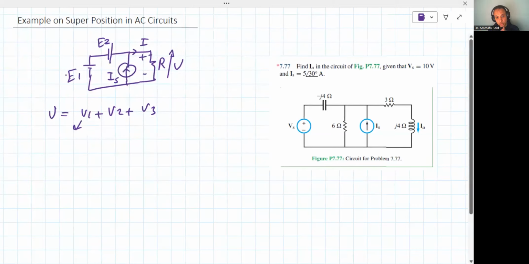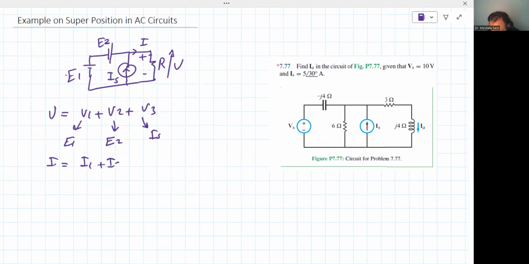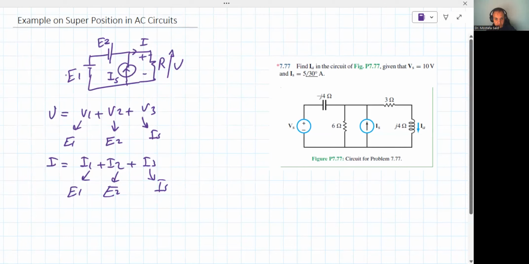V1 is the contribution of E1 into the voltage V. V2 is the contribution that comes from the source E2 into V. V3 is the contribution that comes from the current source into V. I is the same, three components, I1, I2, I3. I1 is the contribution of E1, I2 is the contribution of E2, I3 is the contribution of IS, the current source.